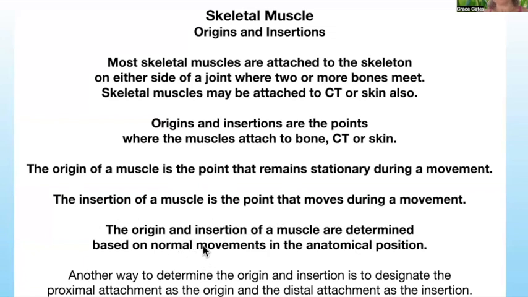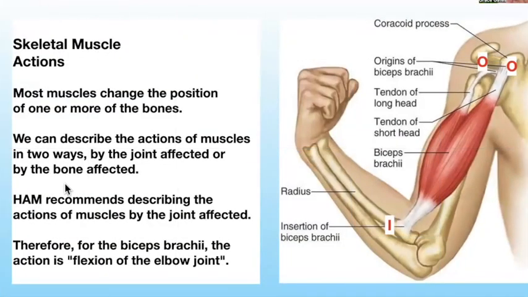Normal movements are used rather than unusual movements that the body makes sometimes. Another way to determine the origin and insertion is to designate the proximal attachment as the origin and the distal attachment as the insertion.